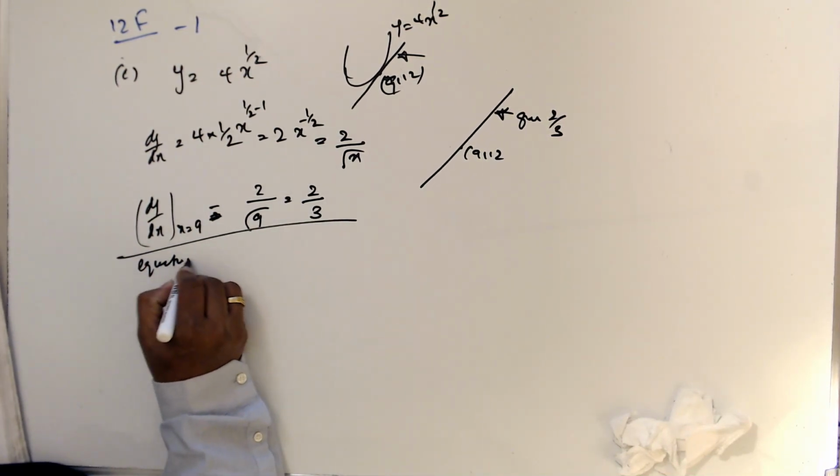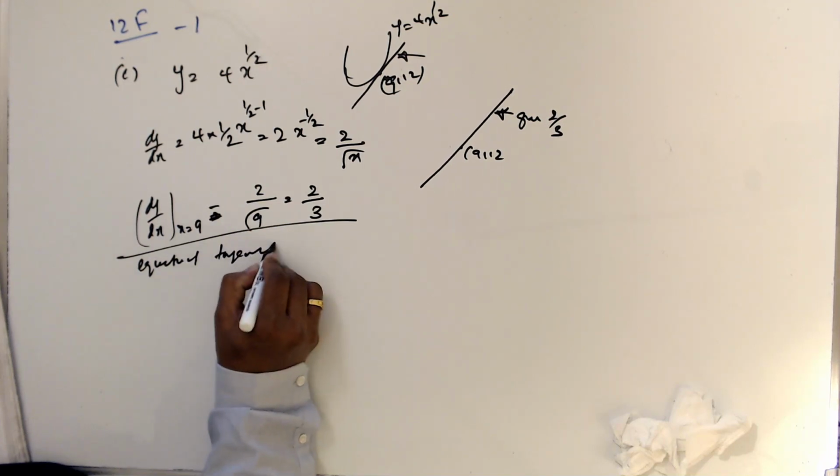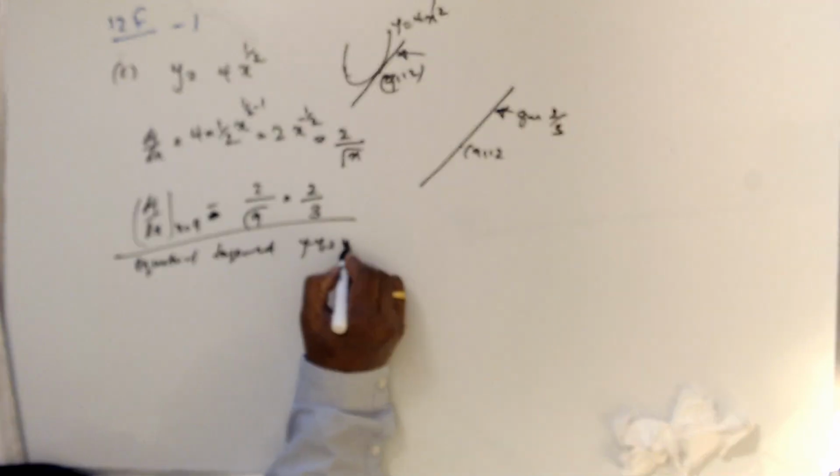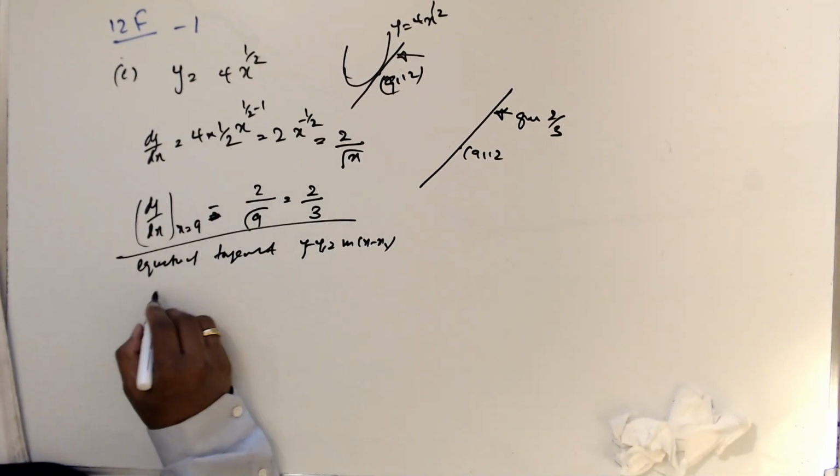Now we'll write the equation of the tangent: y minus y1 equals m times x minus x1.